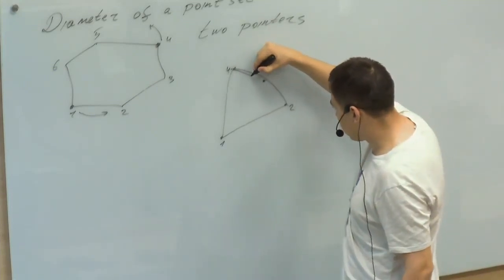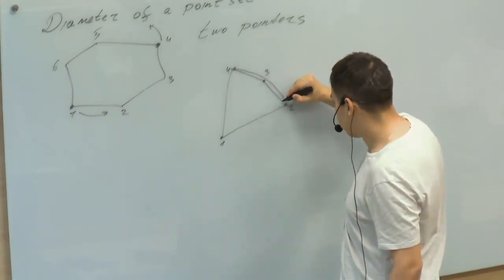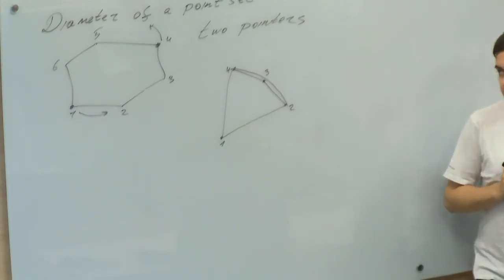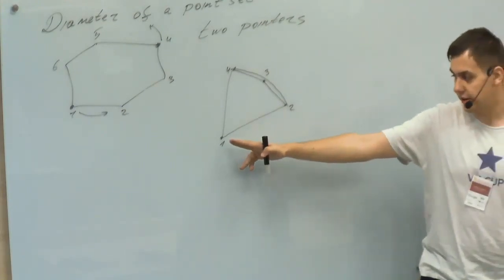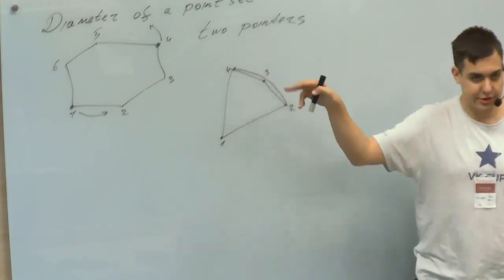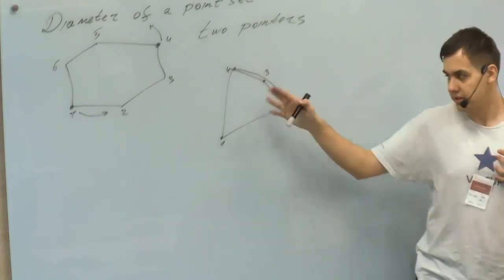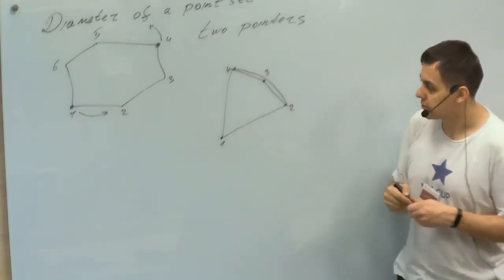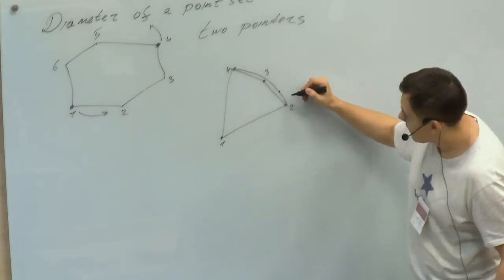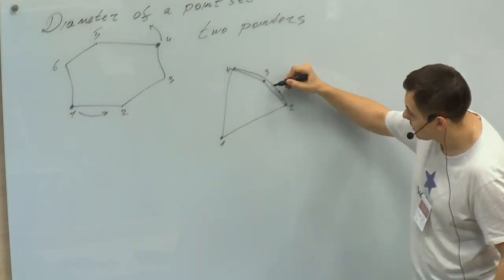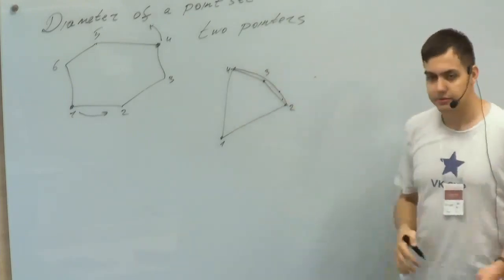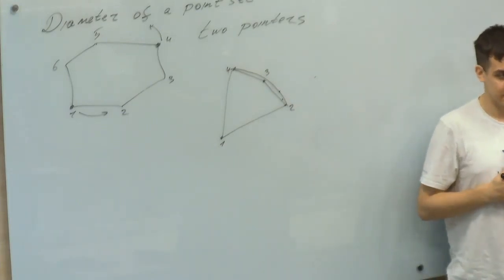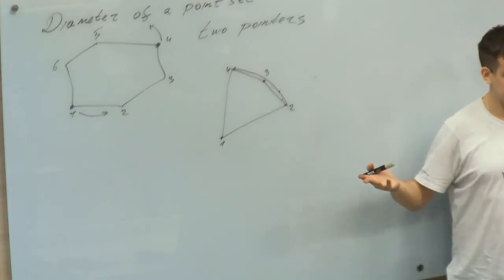This will still be a convex polygon. But as you see, the distance here is large, then small, then large, and we can make as many of these alternations as we want. So we can put another point here, and here. So it can be larger, smaller, as many times as we want. So this is not the correct algorithm.